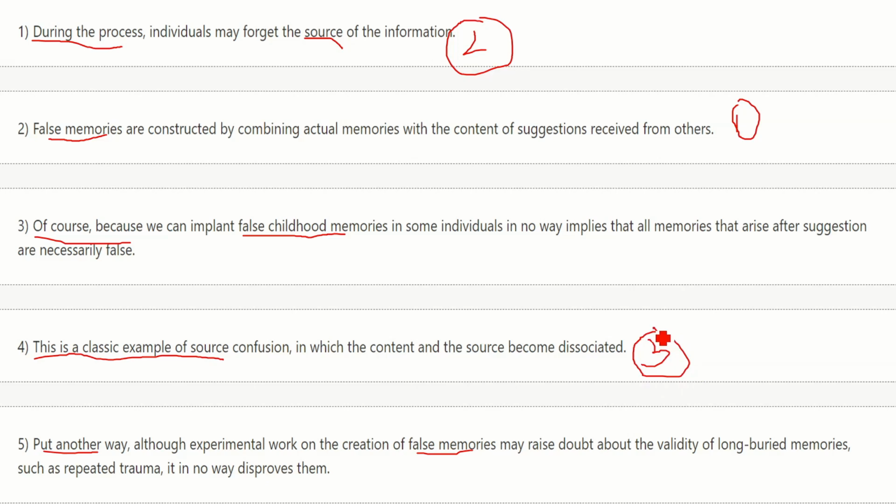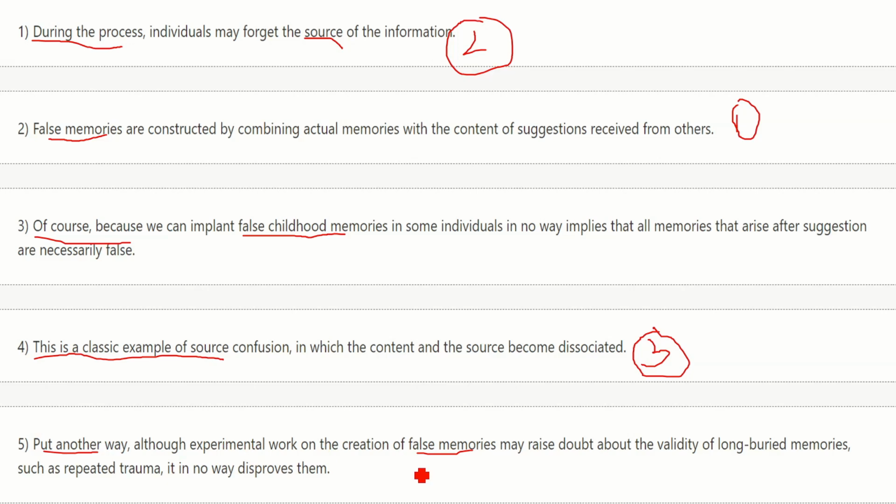Now two sentences are left. In first sentence, it is discussed we can implant false childhood memories in some individuals in no way implies that all memories that arise after suggestion are necessarily false. And in second, experimental work on the creation of false memories may raise doubt about the validity of long buried memories such as repeated trauma.